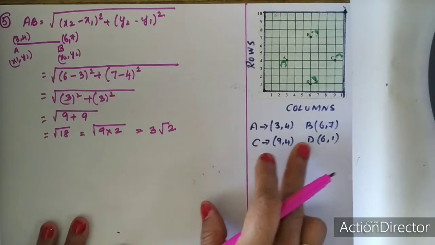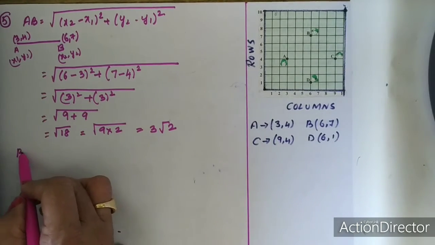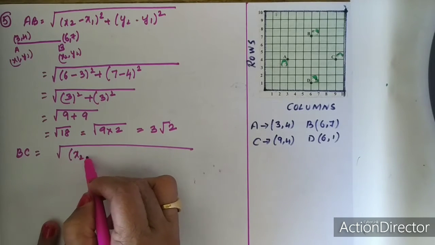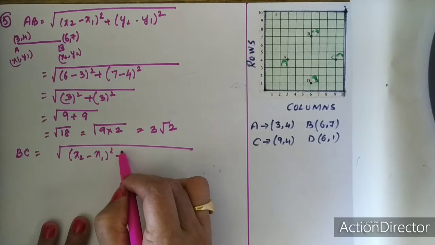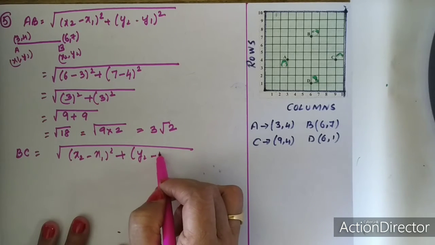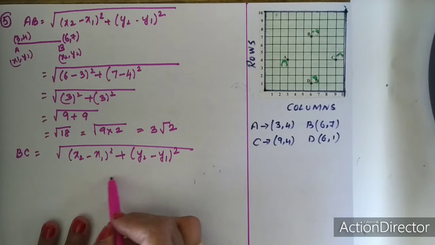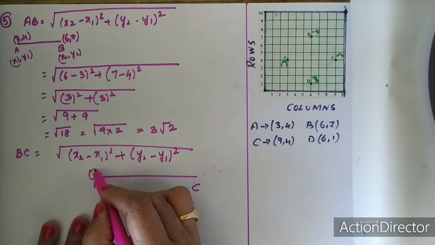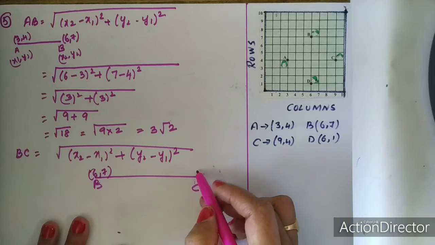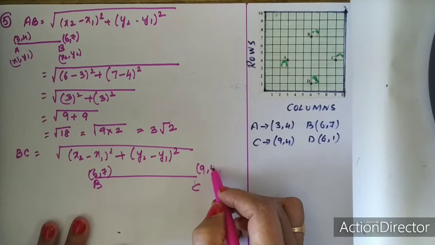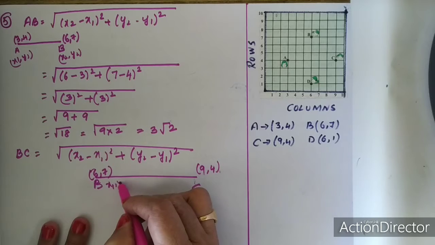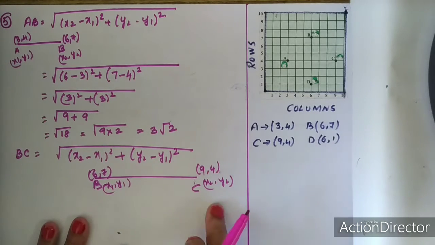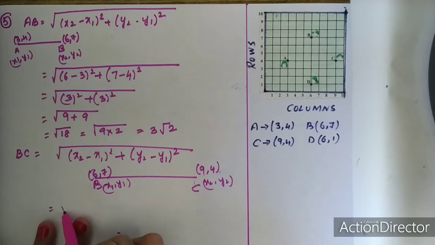Now let us calculate BC. So BC is equal to again under root of (x2 minus x1) whole square plus (y2 minus y1) whole square. Again you can draw the figure over here. BC. What is B over here? (6, 7) and C is (9, 4). Below that you write x1, y1 and here x2, y2. So you can see the values and replace it.